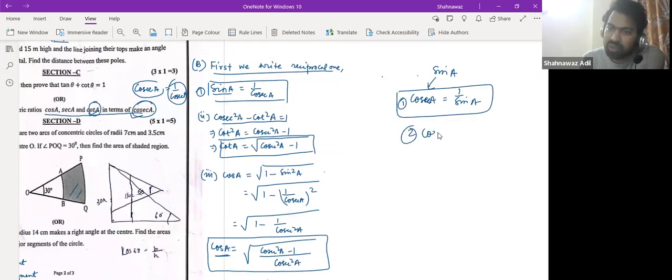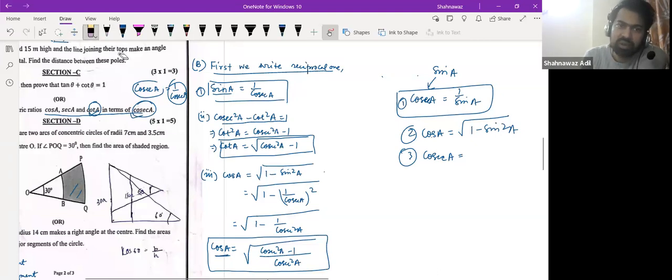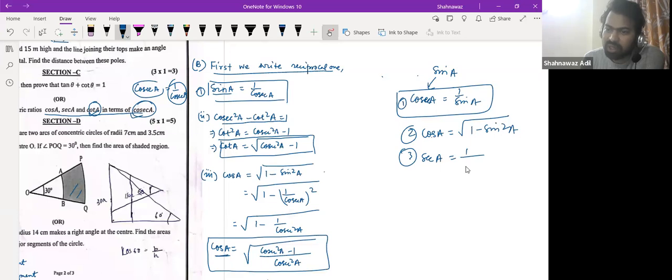So then you can write cos A, which is root of 1 minus sine square A. And from cos A, you can write the reciprocal. So you can write sec A, that would be 1 by cos A, which is 1 by root of 1 minus sine square A.